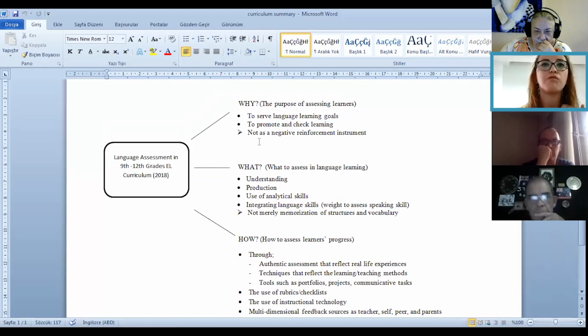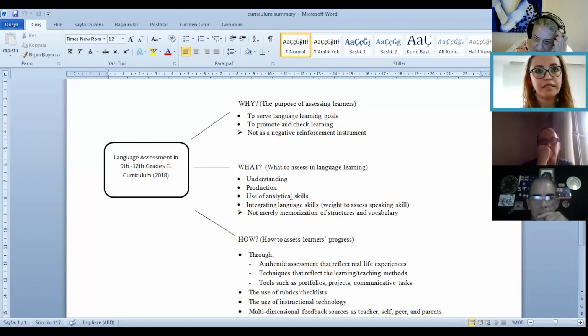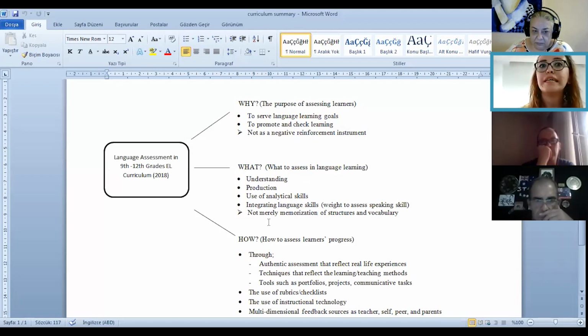The what part, what to assess in language learning, says please assess understanding, production, use of analytical skills, integrating language skills, with a rate to assess speaking skill. But please, teachers, do not merely assess memorization of structures and vocabulary.